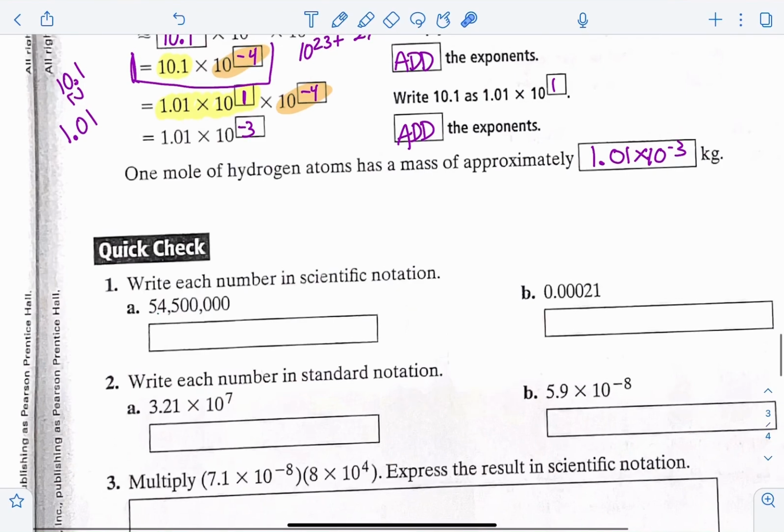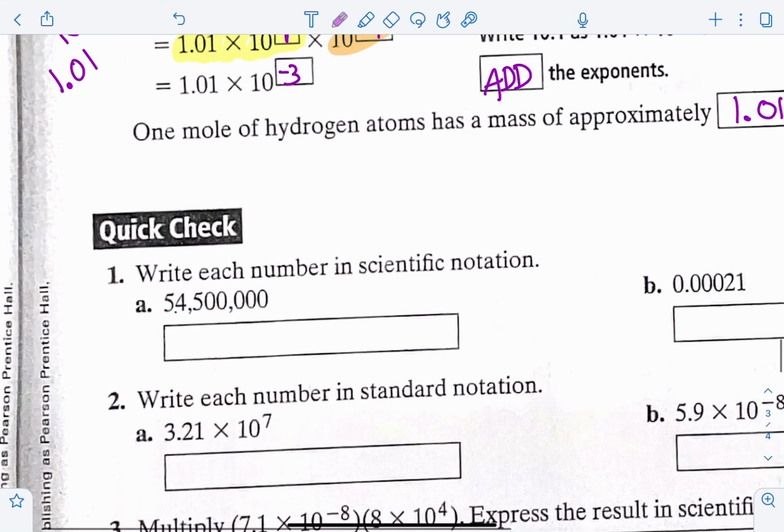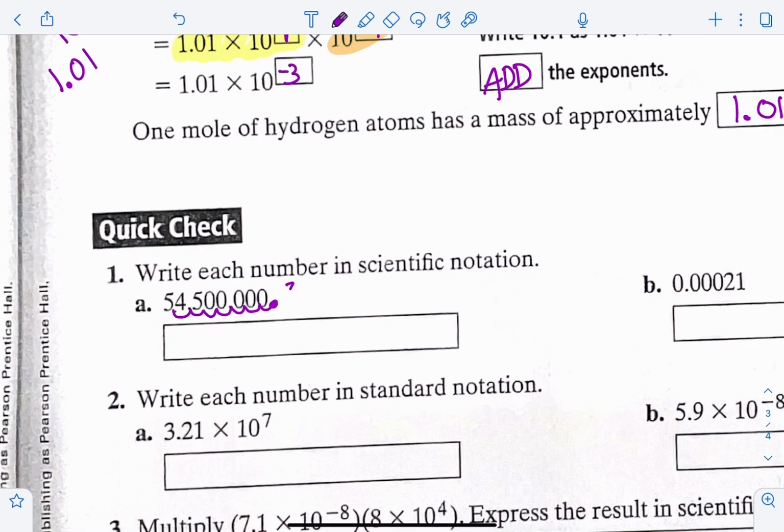All right, so let's look. Write each number in scientific notation. So let's do A together. So remember, our decimal is implied when it's not written, as it is implied that it's at the very end. We're going to move it 1, 2, 3, 4, 5, 6, 7 places because we have to get far enough over that our first factor is going to be greater than 1 but less than 10.